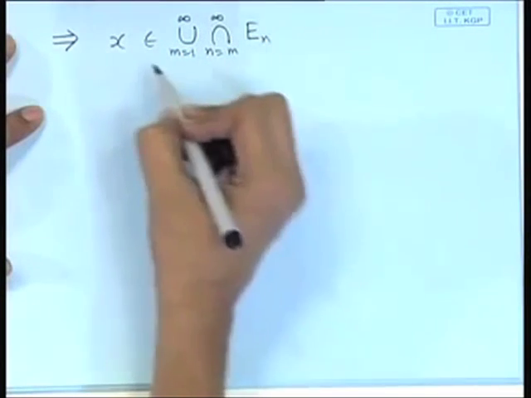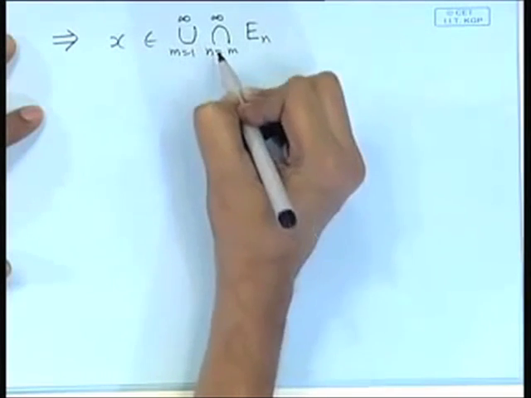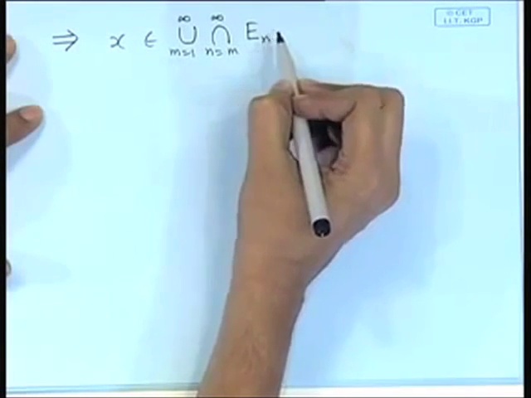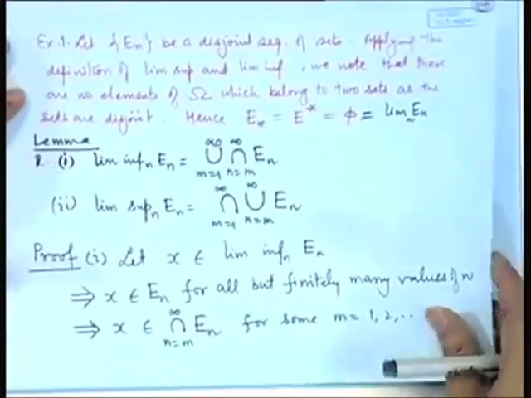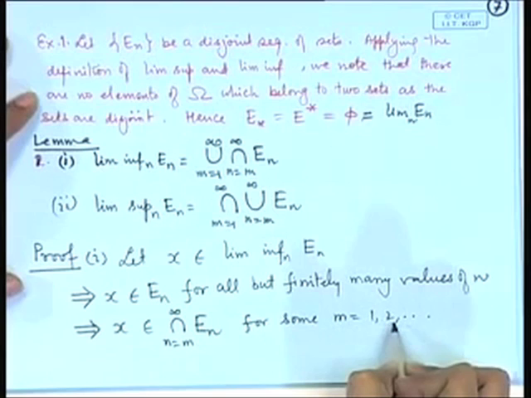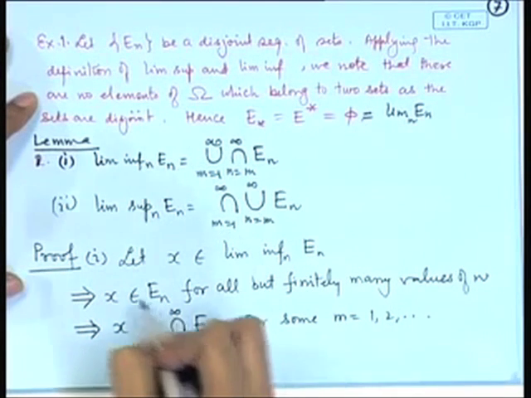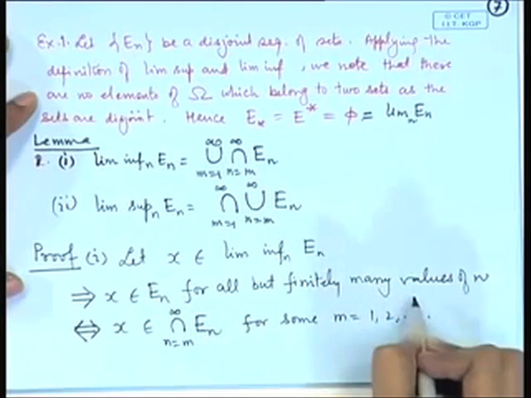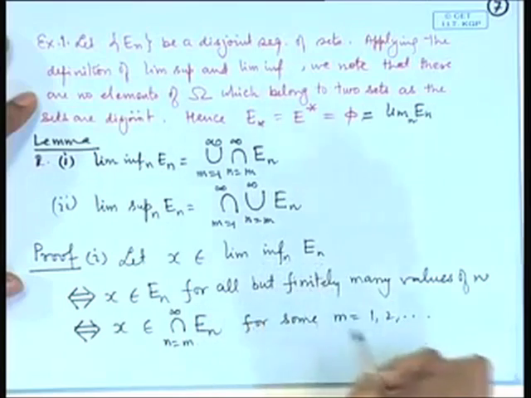On the other hand, if we take x belonging to union m is equal to 1 to infinity intersection n is equal to m to infinity En, then this statement implies that x belongs to intersection of En for some m is equal to 1, 2, etc. Now this statement once again implies that x belongs to En for all but finitely many values of n, which was actually the definition of limit inferior.